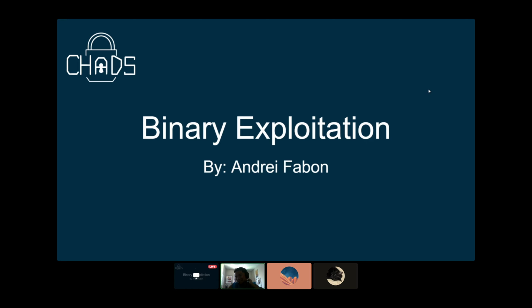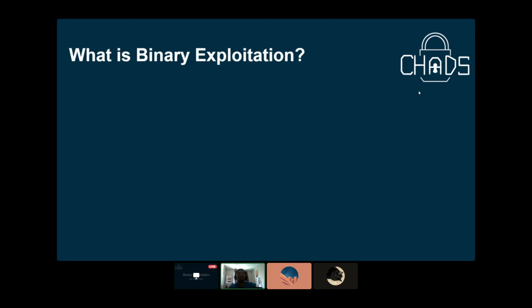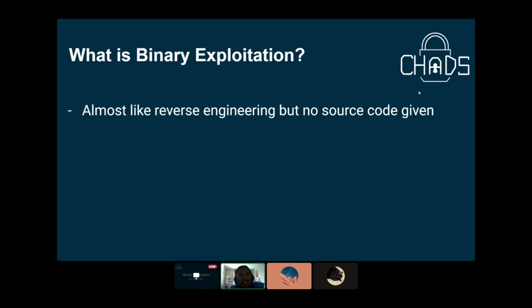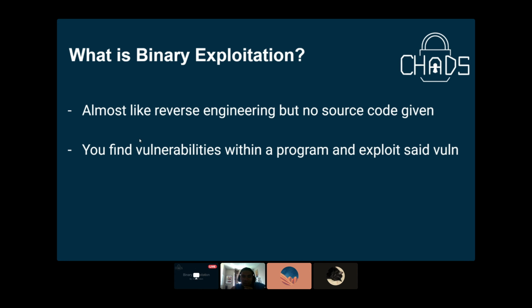So today we're doing binary exploitation. What is binary exploitation? It's almost like reverse engineering, but no source code given. You're supposed to analyze the executable you're given and exploit it.